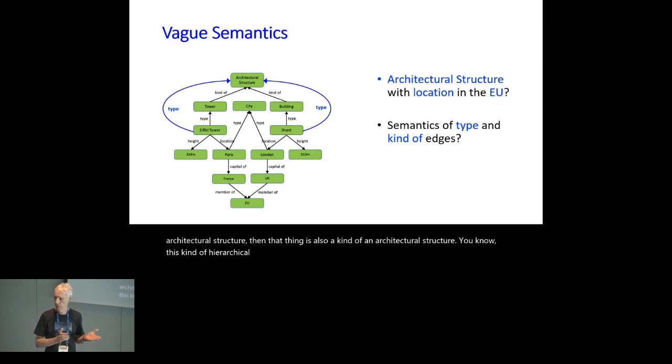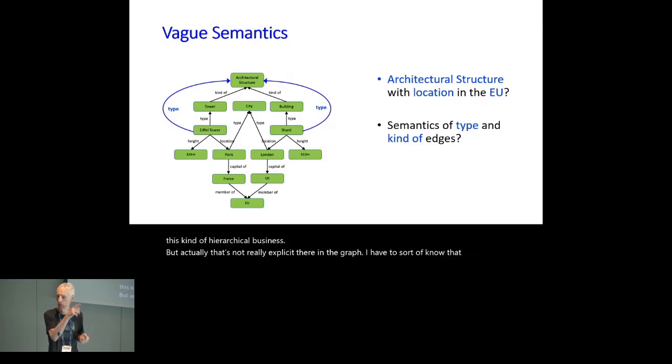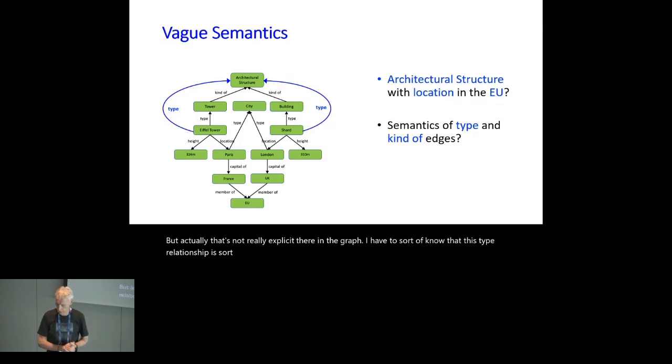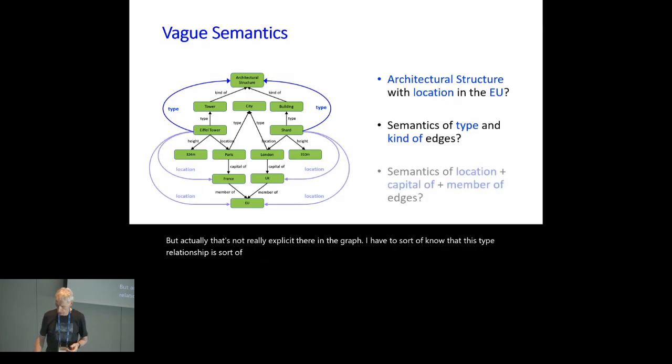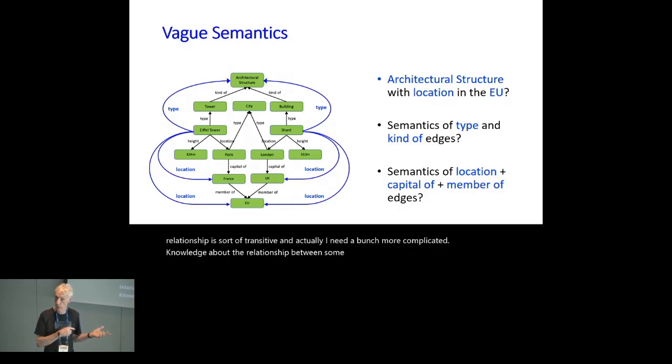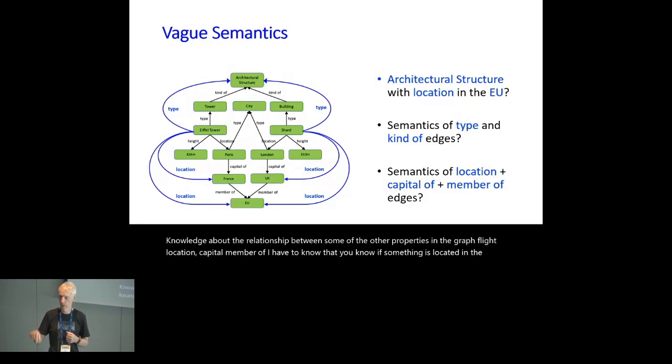But actually, that's not explicit there in the graph. I have to know that this type relationship is transitive. And I need a bunch more complicated knowledge about the relationship between some of the other properties in the graph, like location, capital, member of. I have to know that if something is located in the capital of a country, then it's located in that country.